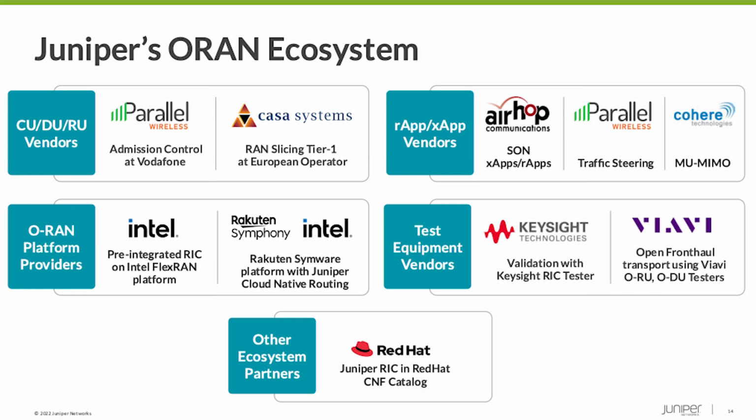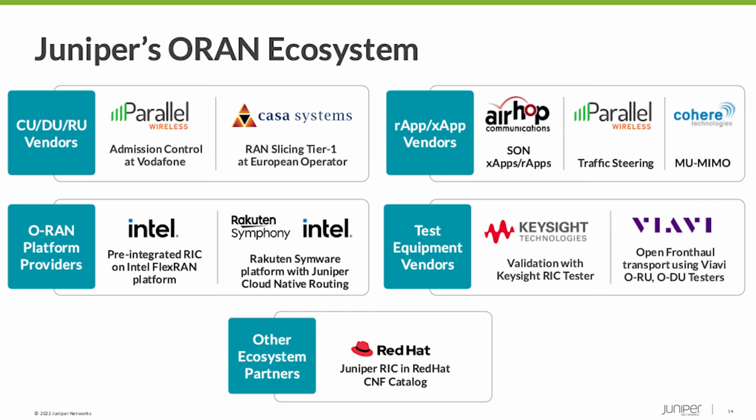Most importantly, I want to emphasize the fact that we believe in a very open ecosystem with multiple players participating, cooperating. This is the first time it's happening in the RAN space. So for example, in the case of CU, DU, RU vendors, we have multiple partners. We are partnering with Parallel Wireless, as I said, at the Vodafone trial.